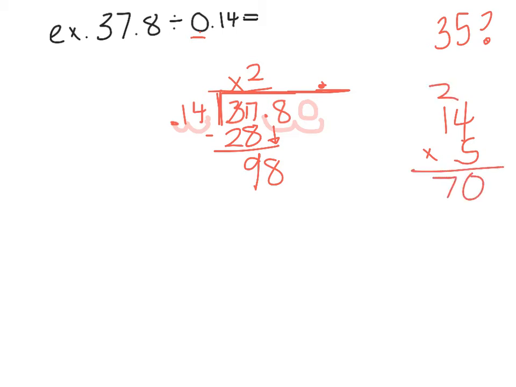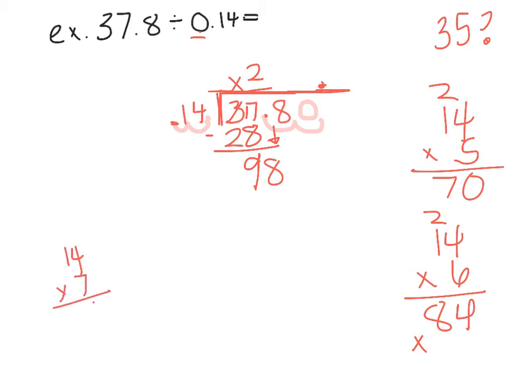And it'll go in another time. 14 times 6. 84. Oops. I'll do it over here. 14 times 7. Oh, there it is. Look, 98. So 14 times 7 is 98.